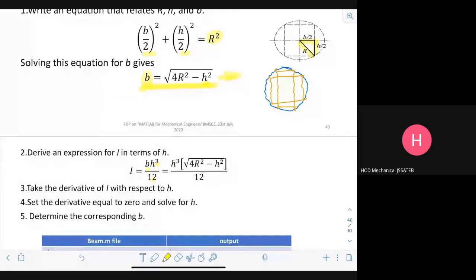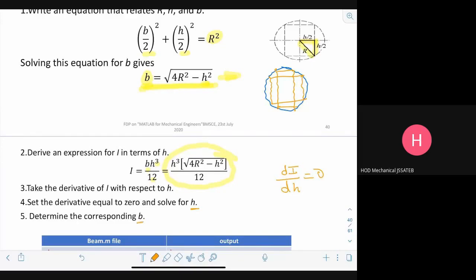Okay, so what I need to do is, if I want to have a maximum value of I, then I need to say dI by dh, the differentiation of moment of inertia with respect to h, should be equated to 0. Either it will be maxima or minima. So you get the maxima condition, and that will give you the value of h that you should take to keep I maximum, and based on that value of h, you can get b.